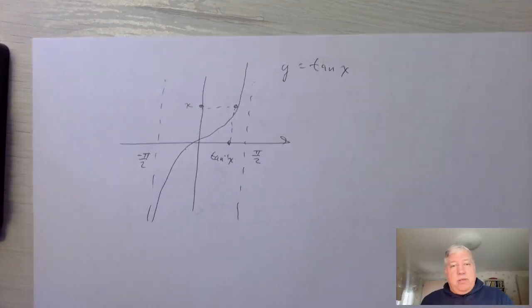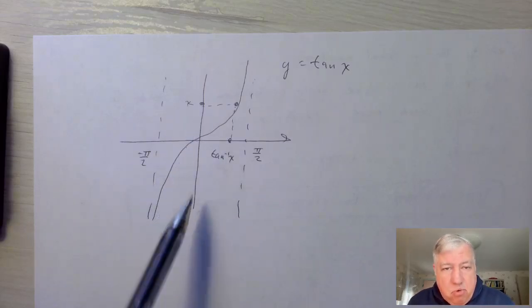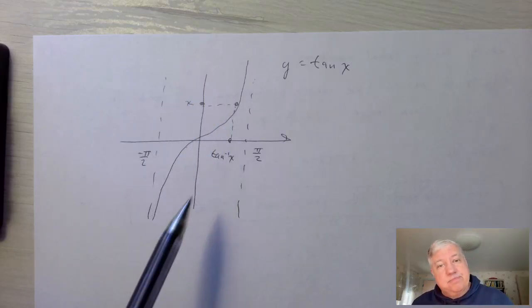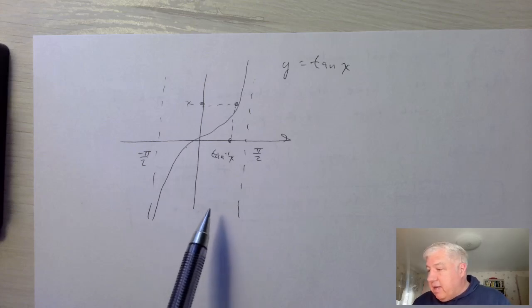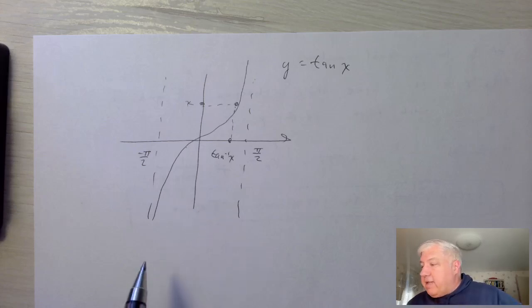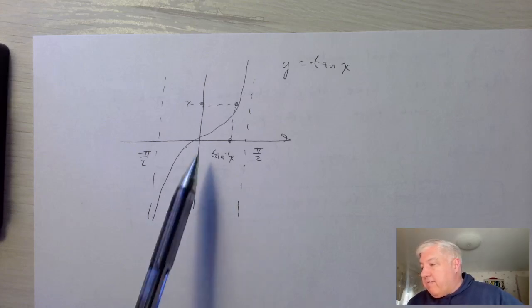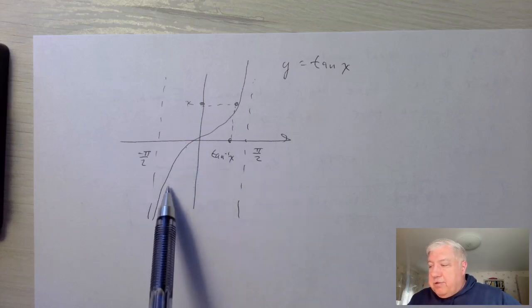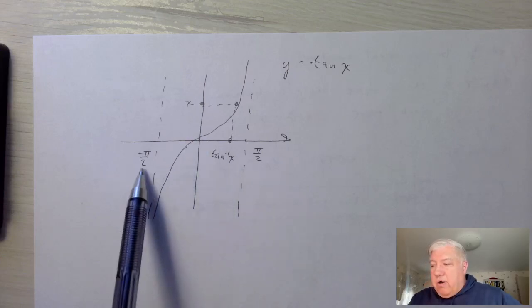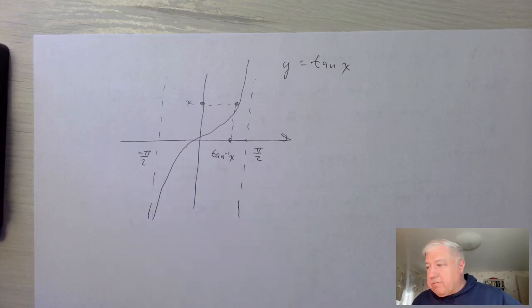And notice that you can pick basically any real number on the y-axis and do this, and your result will always be between negative pi over 2 and pi over 2.